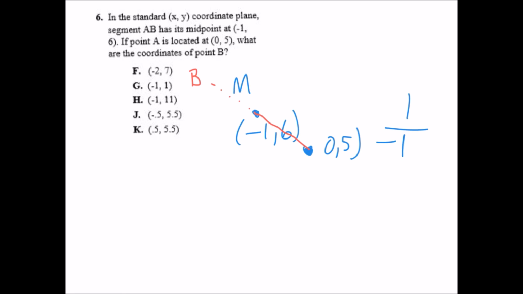And so if we apply that same slope to the rest of this line, we're going to have to go up 1, so our new y will be 7, and then we have to go over 1, so our new x should be negative 2. The correct answer is F.